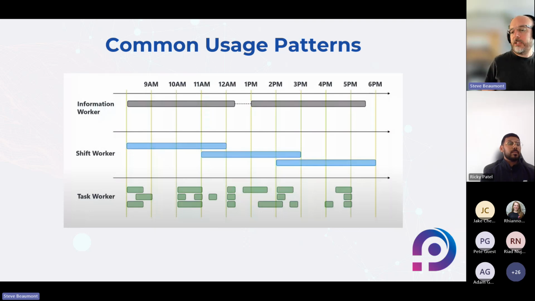So that is what Windows 365 Enterprise was originally launched as, to give that information worker access to a virtualized desktop. Now, shift workers came into play, where it's almost a similar type of information worker, but with either slightly shorter or longer shifts, and an overlapping period where people will come on. In those situations, usually in things like call centers, the people would share the same physical equipment.